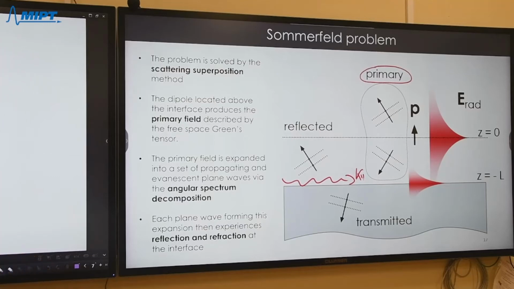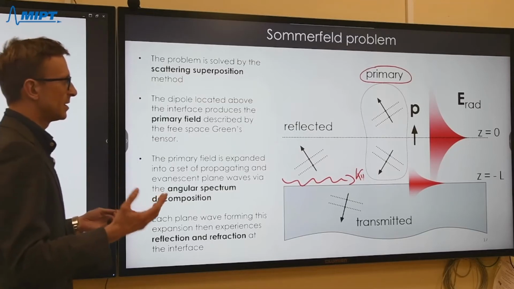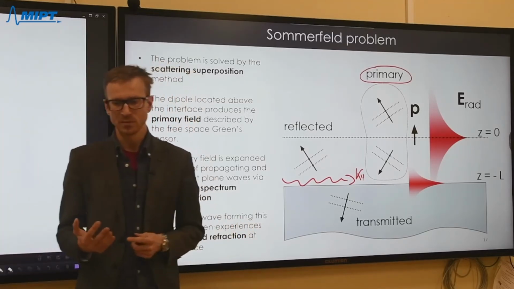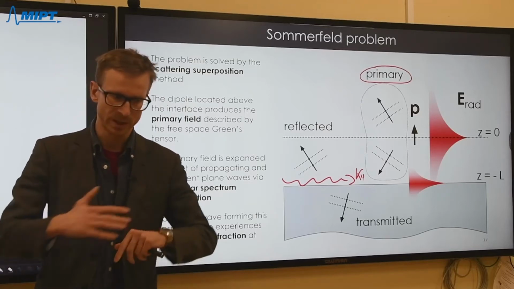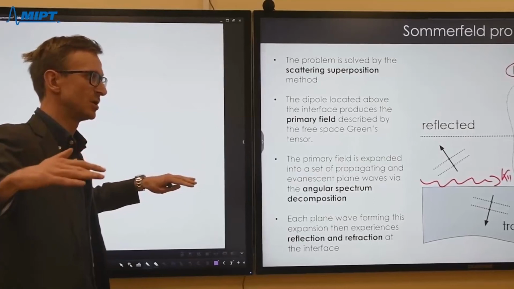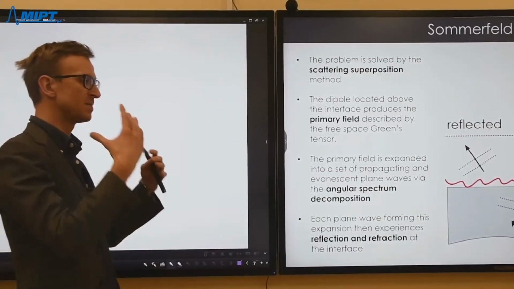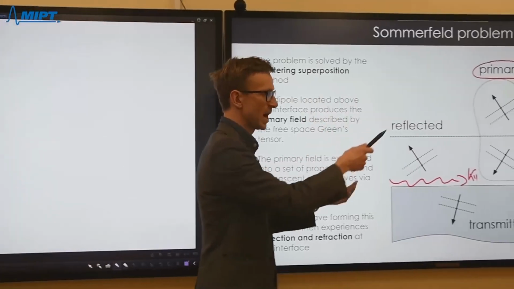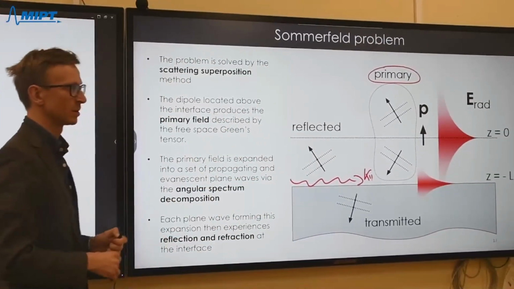So probably you can start understanding how technically tedious and meticulous this problem is. That is because the problem combines in a way two incompatible geometries: something that is translationally invariant, the substrate, the interface, and something that has a spherical symmetry, the field of the dipole, which is described by spherical harmonics.